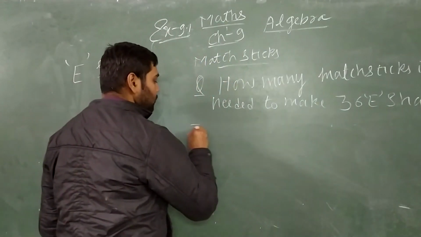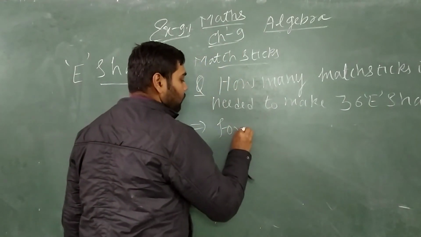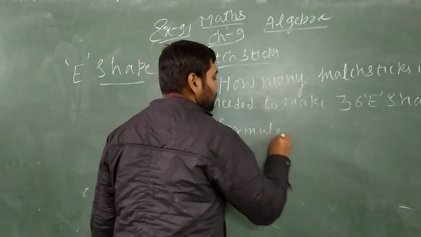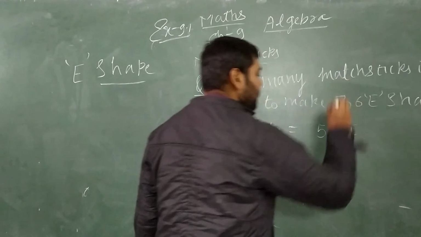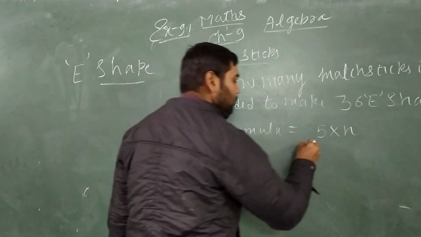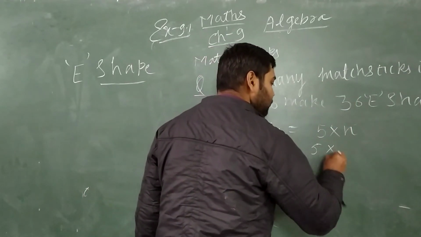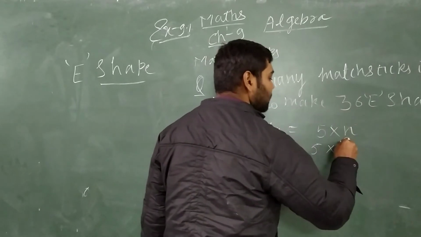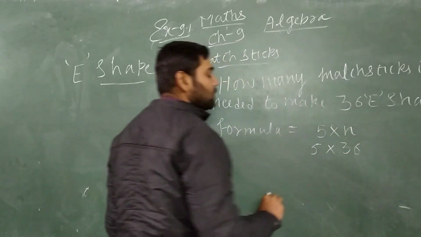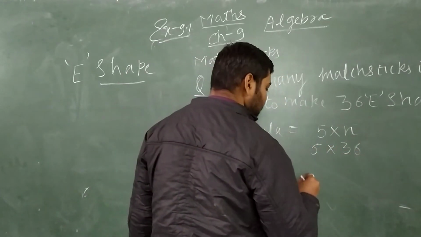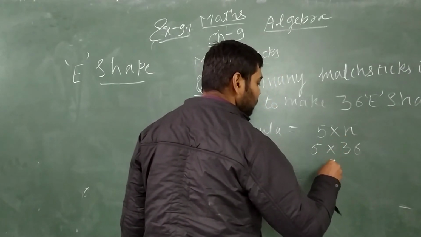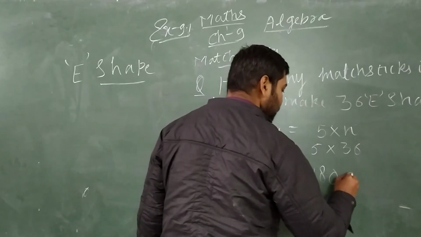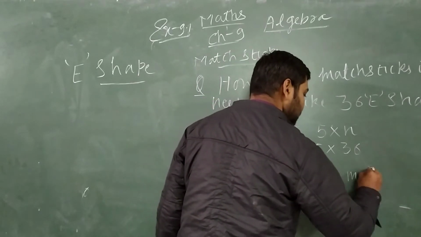So what we will do is write the formula to make the E shape, which we all know is 5 into n. Here n is given as 36, the number of E shapes. Then we multiply: 5 sixes are 30, 3 carry; 5 threes are 15, plus 3 is 18. So 180 matchsticks.